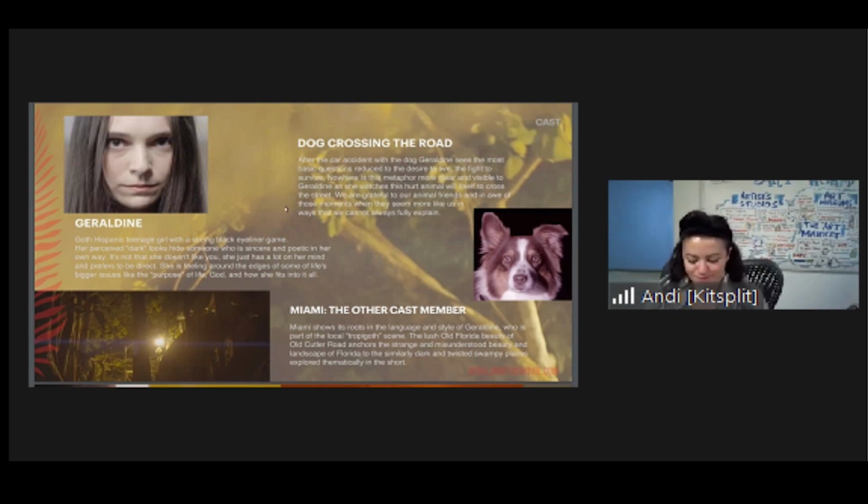The cast. I love this. The dog made me laugh. It was great. But I like that there's a description for the dog, and what it represents. I love that you made Miami a cast member. I think it's so important.